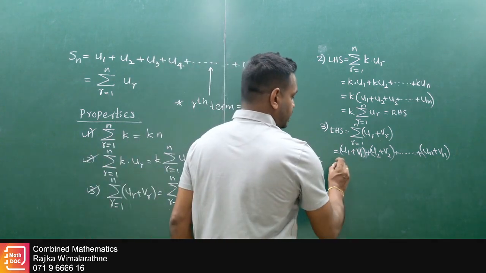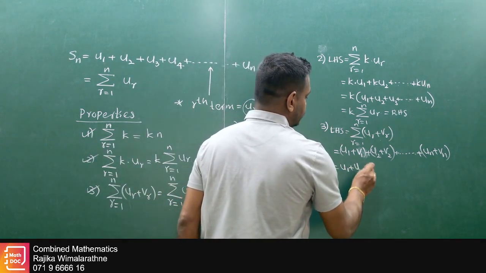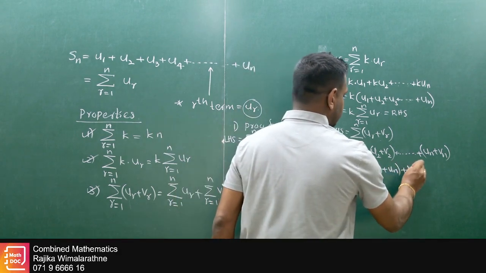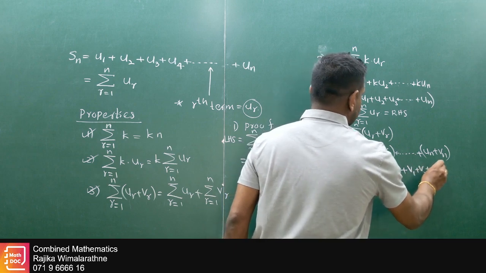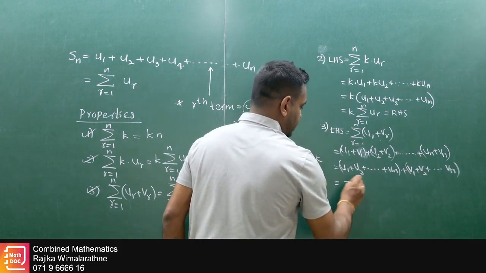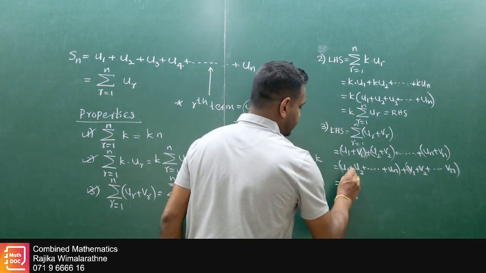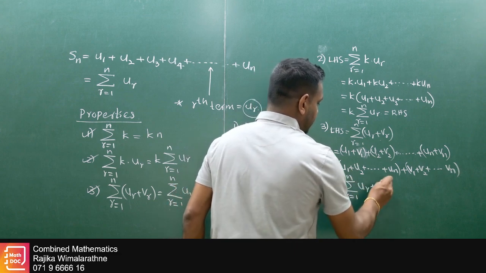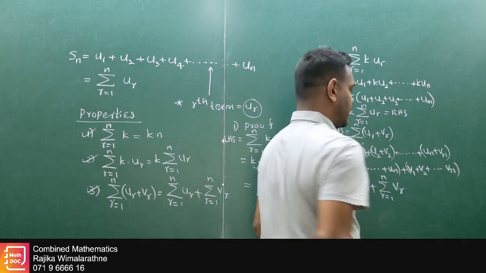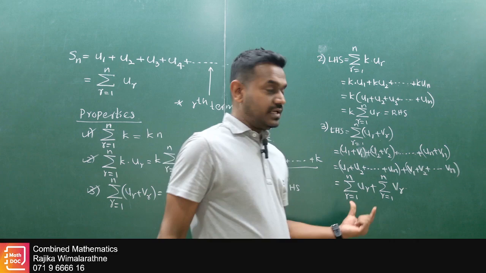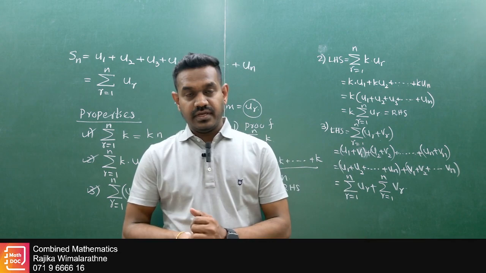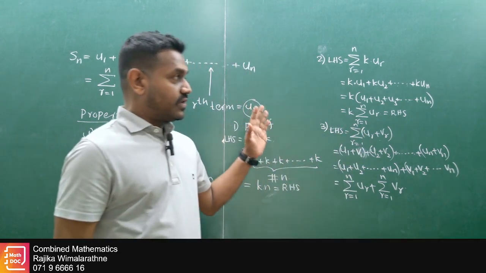Now take the u terms together, u1 plus u2 up to un, then the v terms together, v1 plus v2 up to vn. For this part write sigma r equal 1 to n ur plus, for the other part, sigma r equal 1 to n vr. That is the relation of sigma.